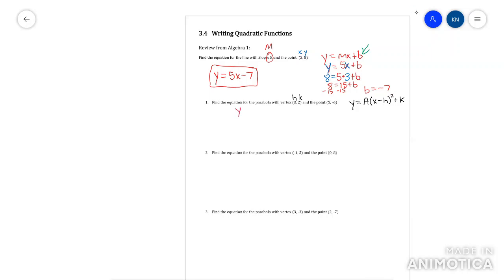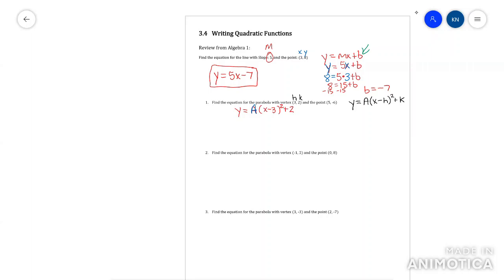I know my vertex, so that's all I'm going to fill in right now. For an h value of 3, it would have to say x minus 3 inside that parentheses. And then your k value is just plus 2. So I'm at least this far. Now the problem is I don't know what a is.